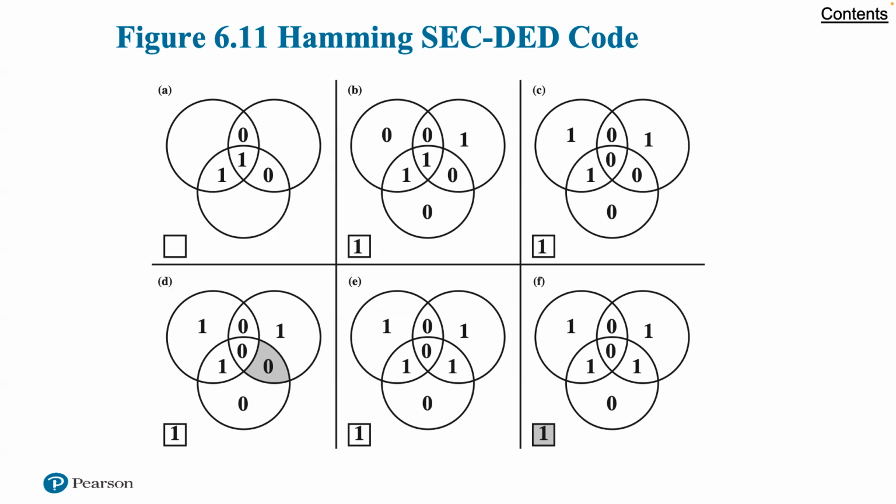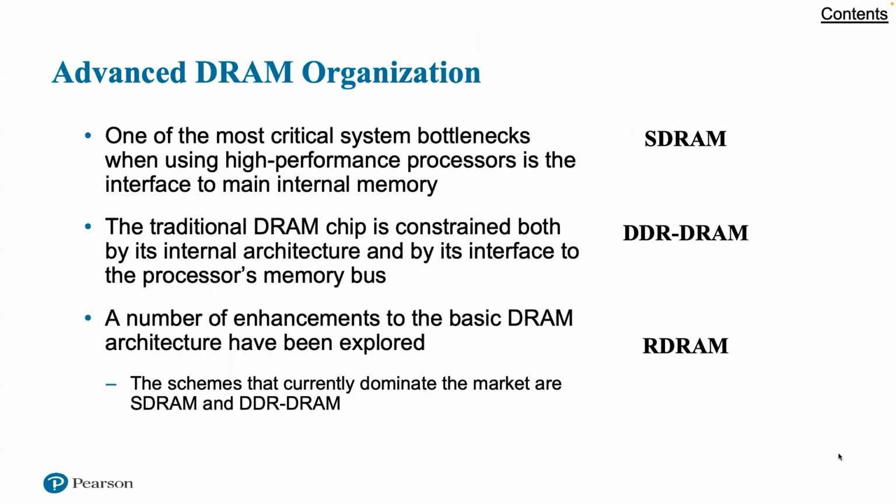Thus, the size of main memory is about 12% larger than what's apparent to the user. The VAX computer uses a 7-bit SEC-DED for each 32 bits of memory for a 22% overhead. A number of contemporary DRAMs use 9 check bits for each 128 bits of data for a 7% overhead. So it can range from 7 to 22%. Ballparking it, on the order of 10% is something modern systems tend to use.